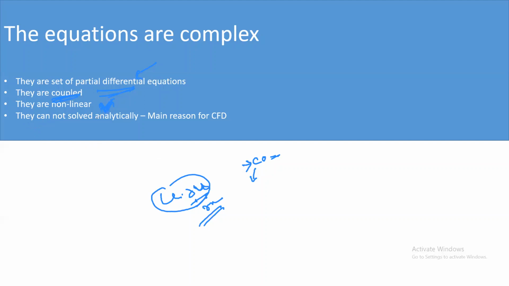They cannot be solved analytically, and that is the main reason why we go for CFD. I already told you, first we prefer an analytical solution, and if you are not getting one, then go for CFD. Till today the Navier-Stokes equations do not have any analytical solution. If you can solve it, you can get $1 million US. That is why we are using CFD.